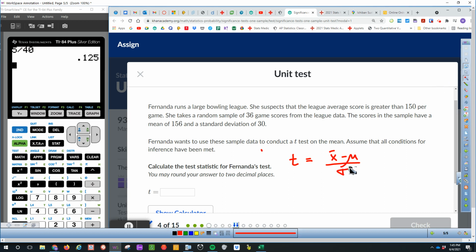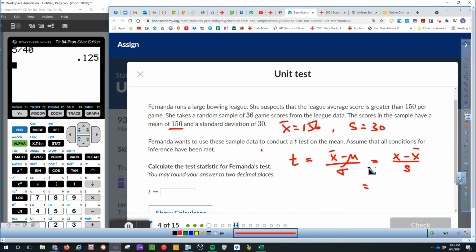divided by standard deviation. Okay, and because we are using a sample, we need to use x bar minus mu divided by s. So x bar is your sample mean, so your x bar is 156, and your standard deviation is 30.